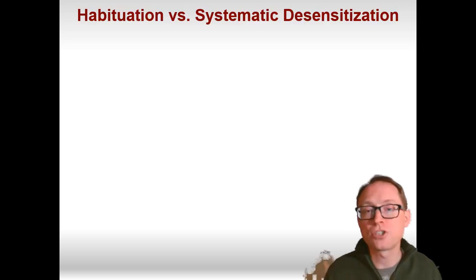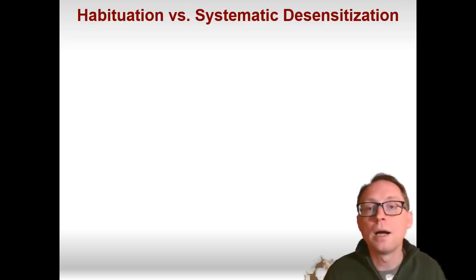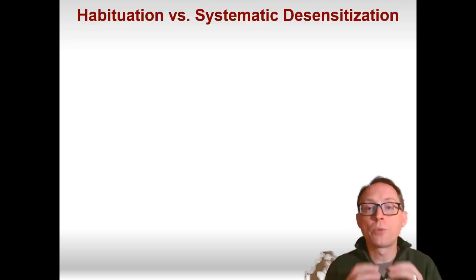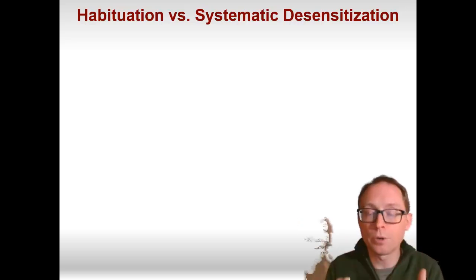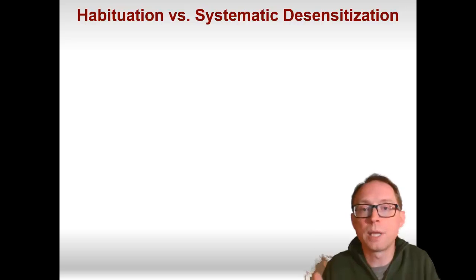Now, there's other ones as well, but these are easy to understand. So habituation versus systematic desensitization. We're going to talk about how you can get rid of that fear response, or whatever the response happens to be, either through habituation or systematic desensitization.